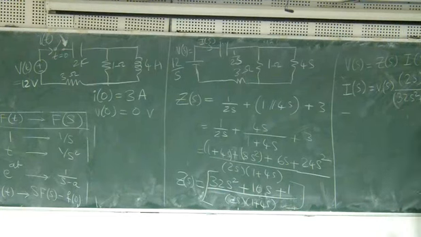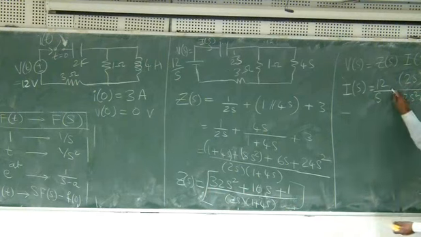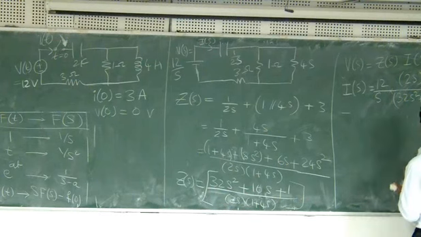Now I can substitute what is V of S. It is 12 by S, because DC voltage 12. Oh, this is 10. So now I have this circuit, so I can solve it.